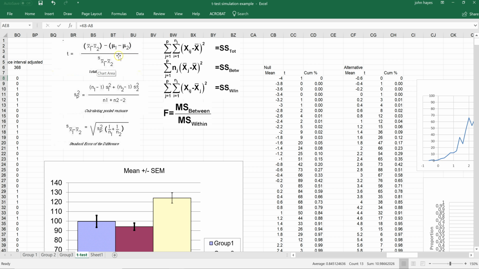This little mu minus mu is the underlying population mean. We're testing the null hypothesis, so we are testing the population mean of 0 minus 0, or 0. And since that's 0, taking 0 from this value doesn't change anything. So we just have the mean of x1 minus the mean of x2 over the standard error of the difference.